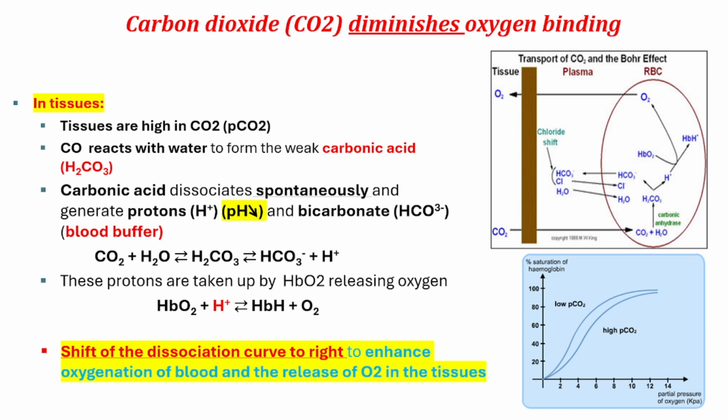So when I have this proton and I have oxygen inside my RBCs, I'm going to have an exchange between the oxygen and the proton, the H. This exchange will lead to the release of oxygen. So the proton will take the place of the oxygen.